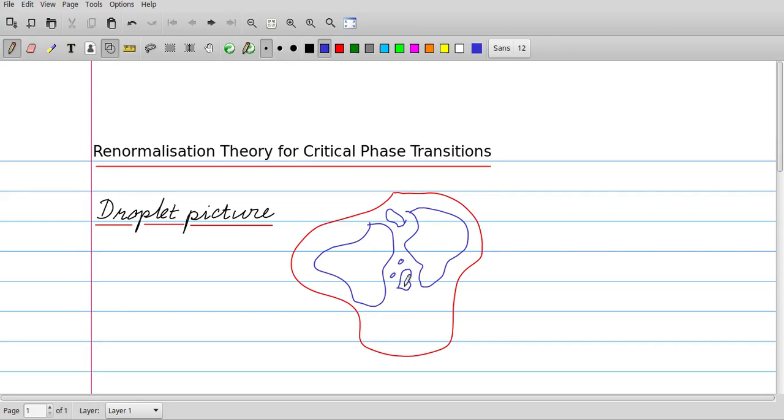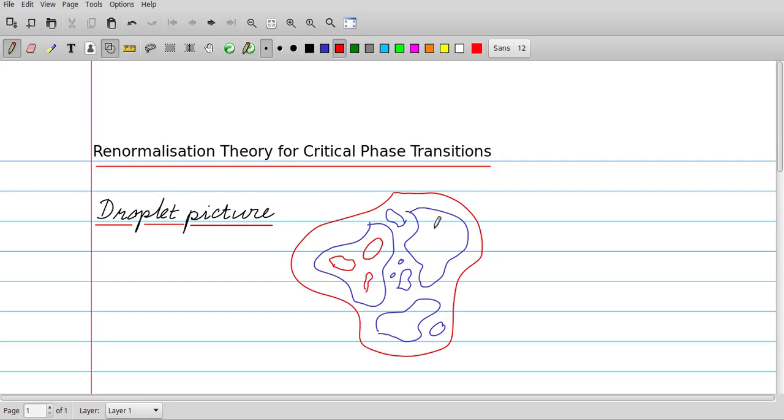So everything inside the red curve is red until we reach a blue line, and then everything inside is blue. So let's draw a few other blue islands. And then within these blue islands we could see that there were again red areas.